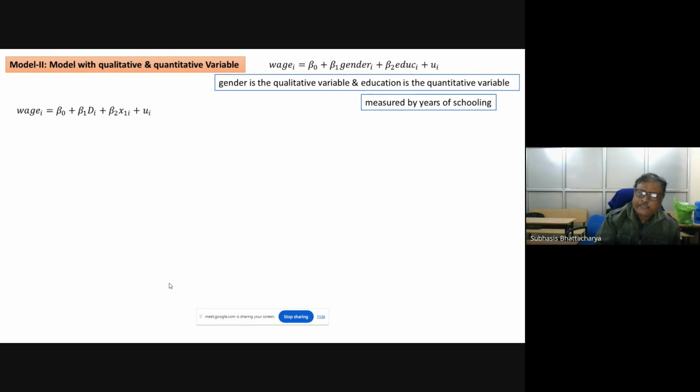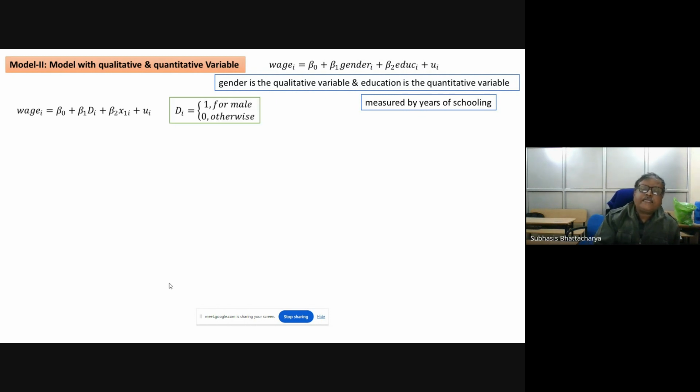But look at the difference between Di and x1i. Di is a qualitative variable, but x1i is a quantitative variable. You get numerical data for x1i and wage, but for Di you get the information only that he or she is male or female.